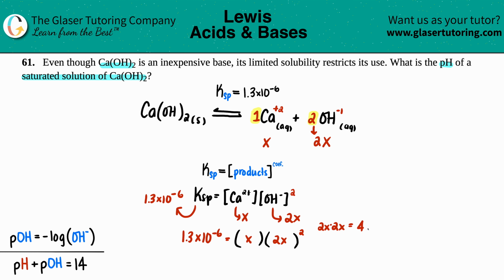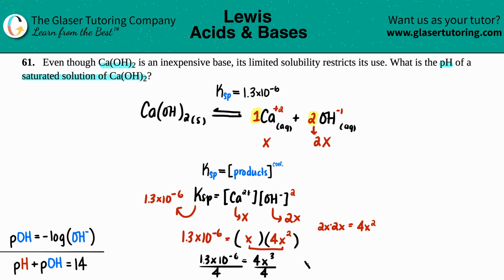So 2 times 2 is 4, and I have 2 x's, so that would be 4x squared. I'm going to erase this and say this is the same as 4x squared. I'm grouping together one more x value, so it would be 1.3 times 10 to the negative 6th equals 4x cubed. We want to solve for x, so I divide both sides by 4.